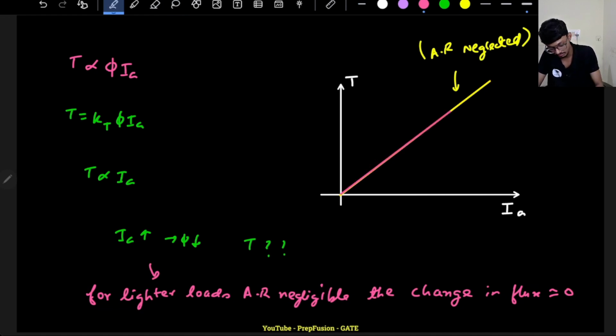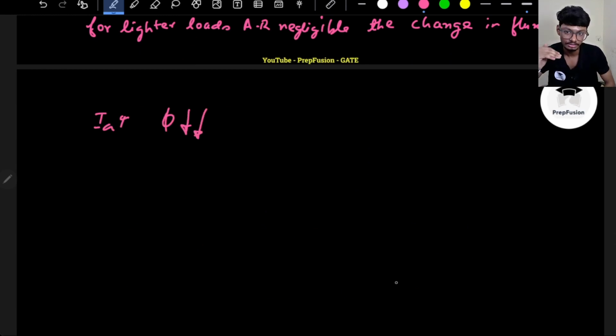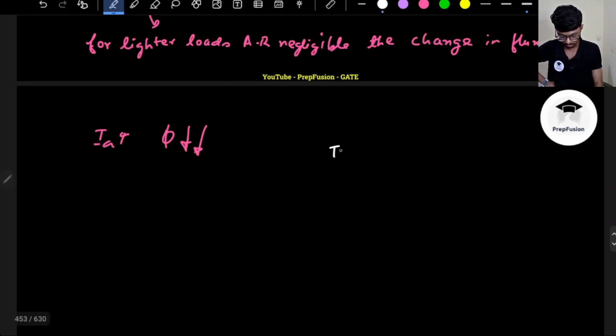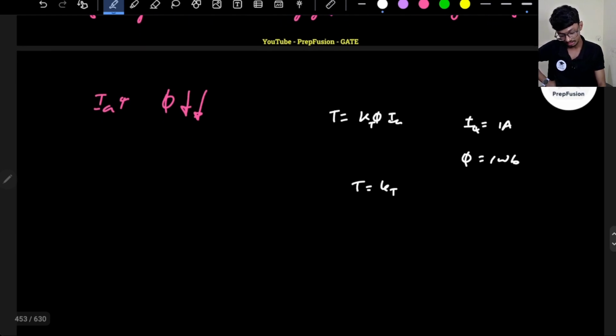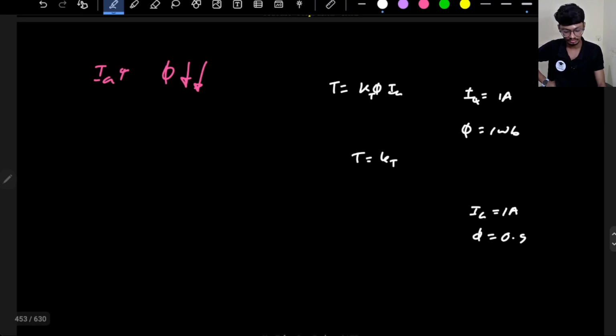Okay, now when the armature current becomes very high, when Ia is very high, then of course flux also will reduce drastically. Previously my torque was Kt into phi into Ia. Now let's assume a few numbers here. If I assume Ia to be 1 ampere and my flux to be 1 Weber, torque previously was equal to Kt. Now for the same case, if I consider armature reaction, for the same armature current of 1 ampere, the flux might be a bit less, that is 0.9 Weber.